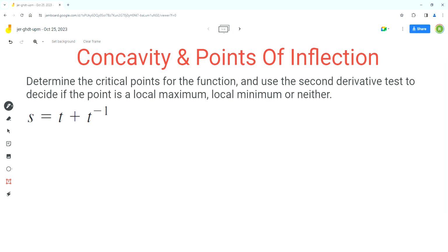So we get s prime equals, the derivative of t is just 1, and then plus. Now for t exponent -1, we should use the power rule to find the derivative. As per the power rule, we move the exponent -1 to the front. So -1 times t, and now we subtract 1 from -1 in the exponent.